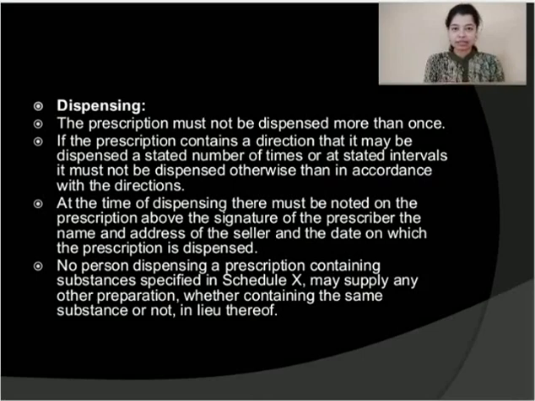If the person comes again with the same prescription dated 31st July, after a week or after 10 days, and you know that you have already dispensed the drugs on 1st of August for that prescription, then you should not dispense the drug again on the old prescription. So this is what this sentence means.